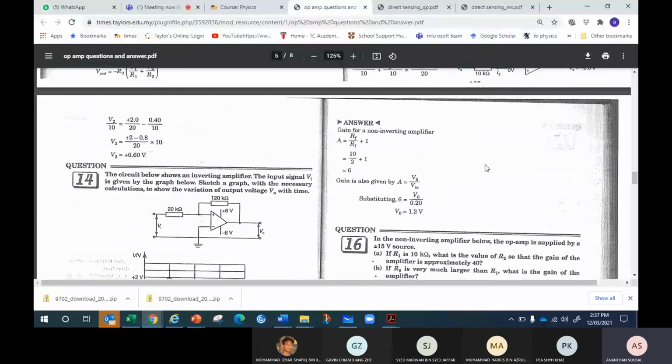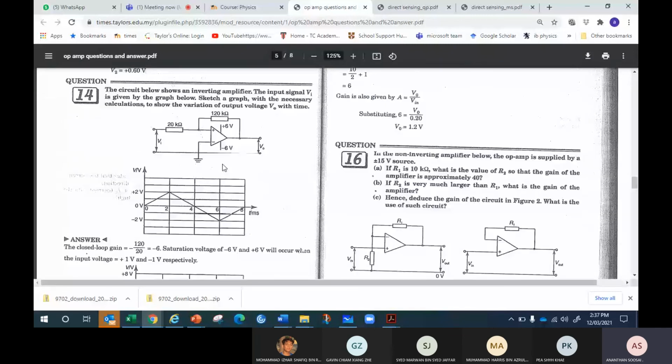Okay, number 14, there is a mistake. Just look at the diagram and tell me what type of circuit it is: comparator, inverting, or non-inverting? There is a feedback.